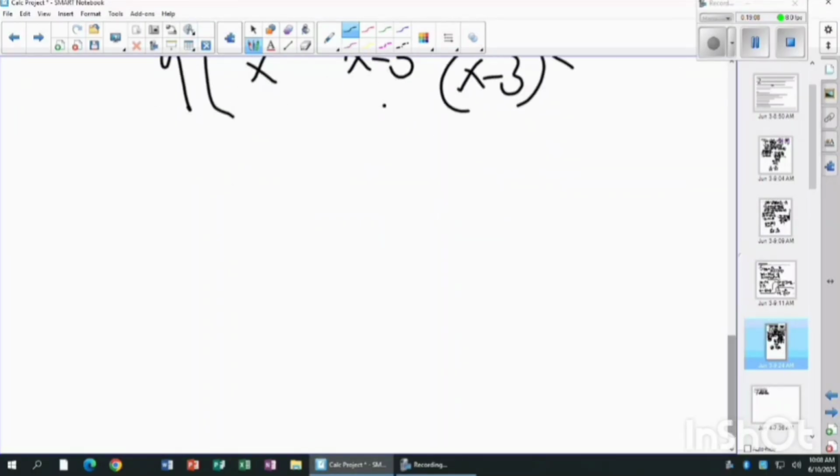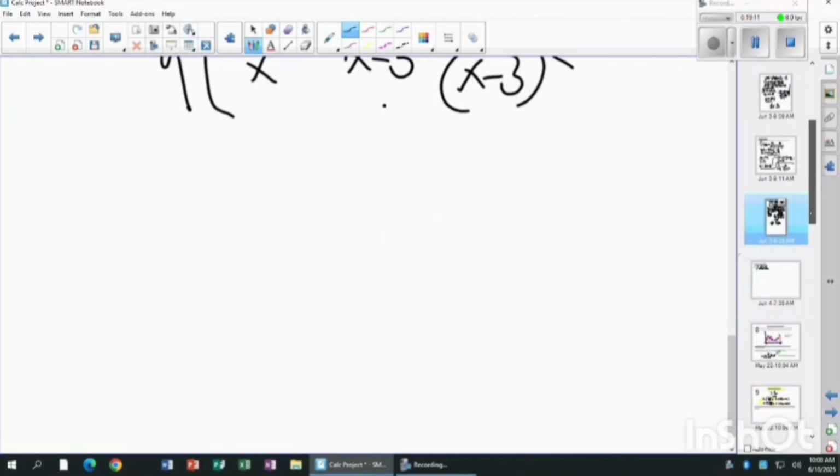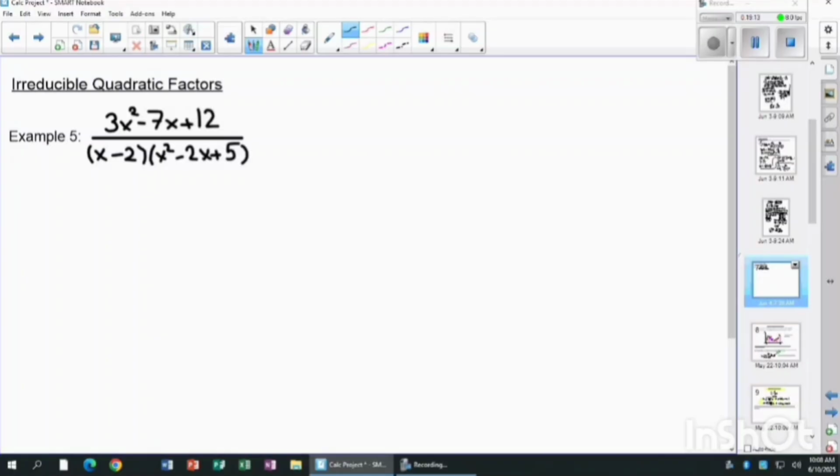Okay, and then the last example is this one. It has irreducible quadratic factors. Okay, so you can't reduce the x squared minus 2x plus 5. So you have a over x minus 2.